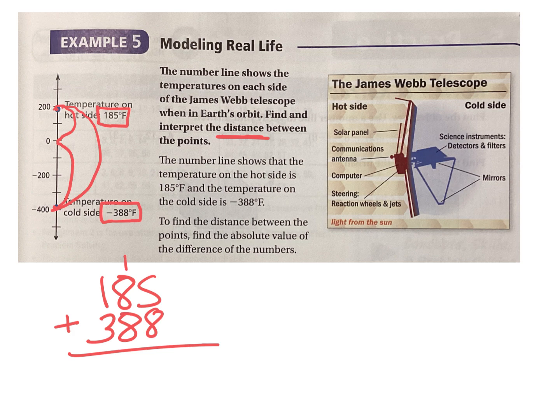So 8 plus 5 is 13. 8 plus 8 is 16, plus 1 is 17. 3, 1, and 1 is 5. So 573 degrees Fahrenheit is the distance between the points.